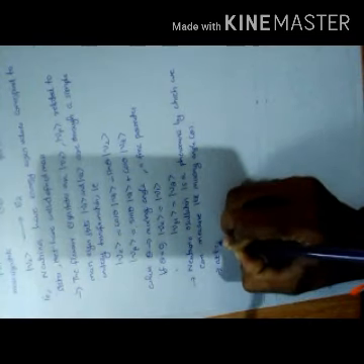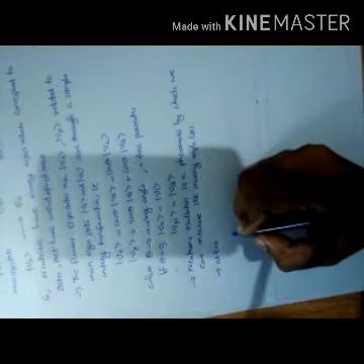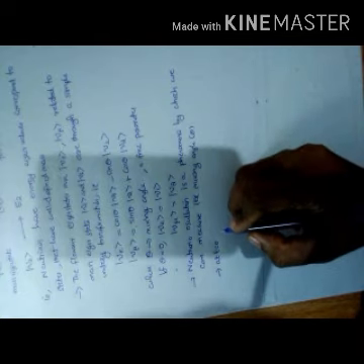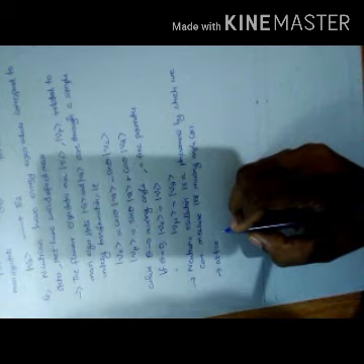Okay, so at t equal to 0, the initial time, the eigenstate of one flavor of neutrino is ket nu e.